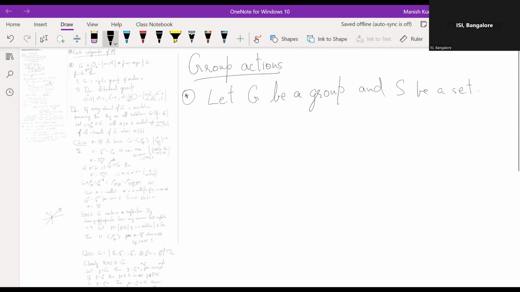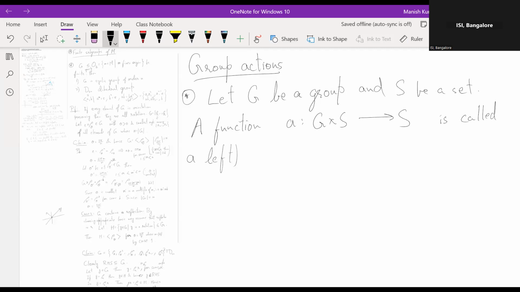Group action means G acts on this set S. The way to denote it is by a function A from G cross S to S, which is called a left group action.